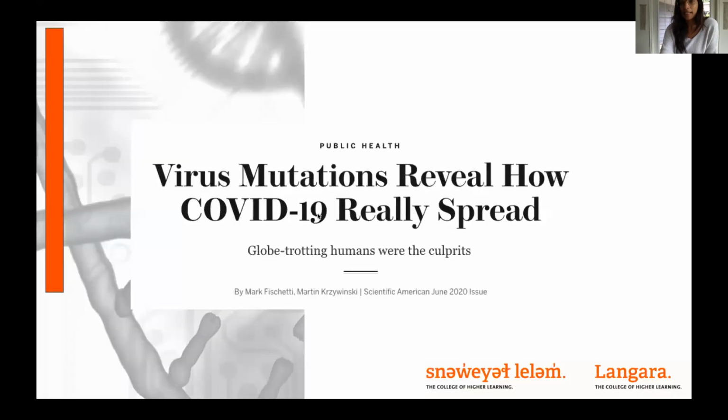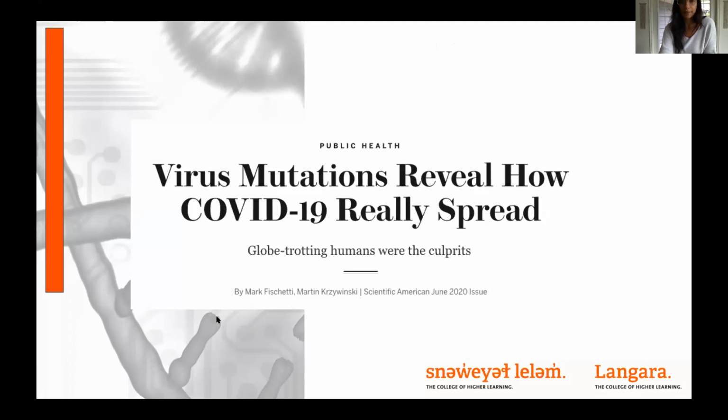Today, we're going to be talking about a news article that was published in the New York Times. It's a short and sweet one-figure article that talks about virus mutations around COVID-19 specifically, and how we can use the information about viral mutations to examine how viruses spread around the world. Ryan has posted the link to the article in the chat, so if you want to follow along, feel free to click on that link.